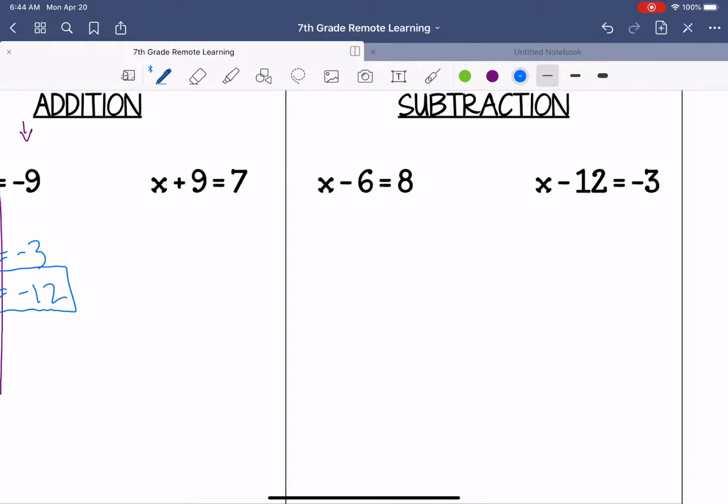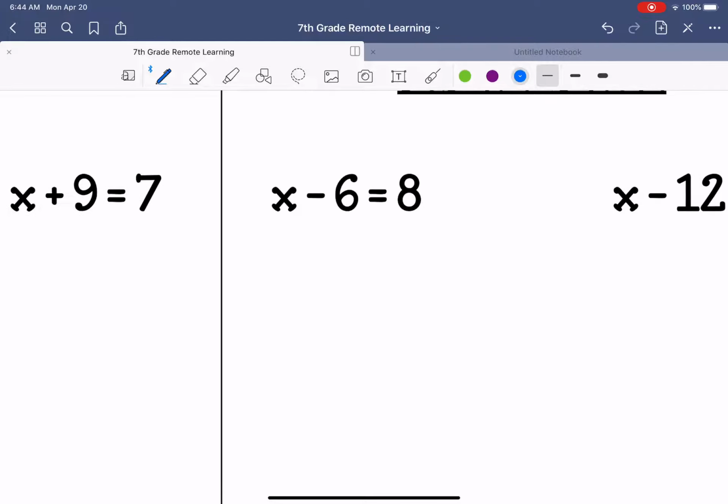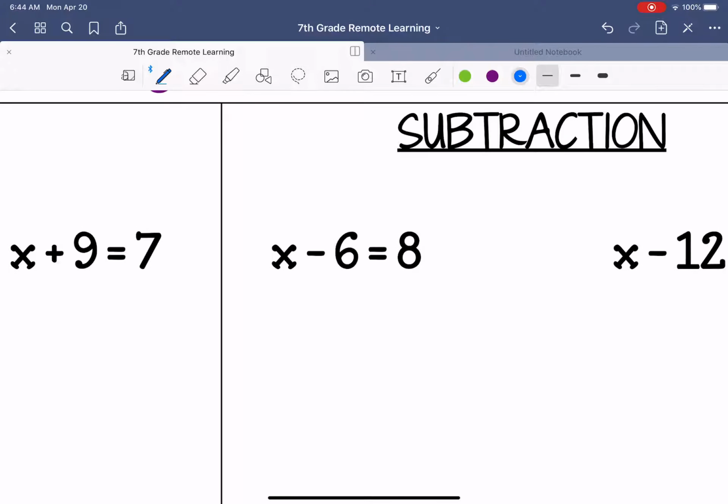Okay, let's look at this next problem. So we'll start with my balance line. Then I'm going to look at my operation, which is a minus 6, and think, what's the opposite of minus 6? The opposite, or the inverse, is adding 6.